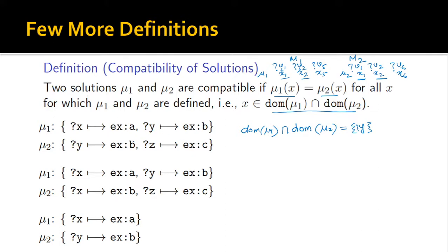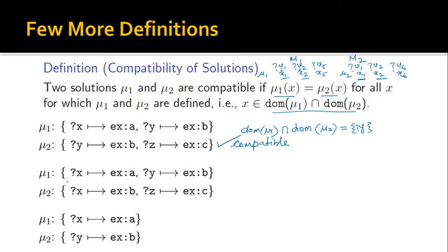And you can see that for y, we have b as the value instantiated in both the cases. And we will not really care about what value has been instantiated to x and what value has been instantiated to z. So by our definition, this is a compatible solution.